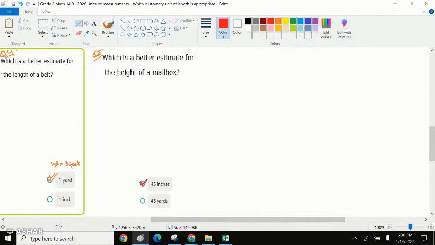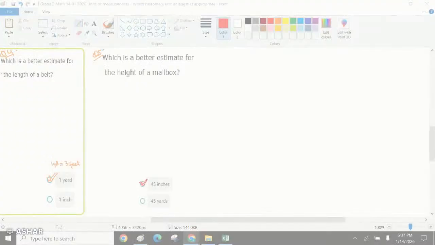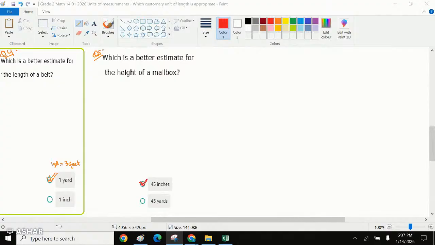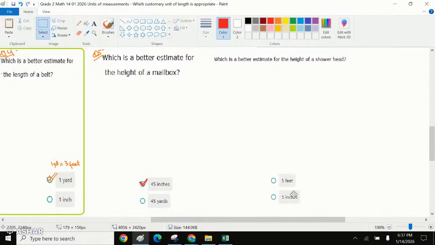Okay. So let's see another question. The next question, this was 45 inches. What is a better estimate for the height of a shower head? What should be the better height?